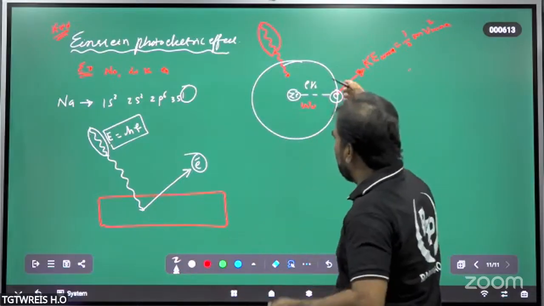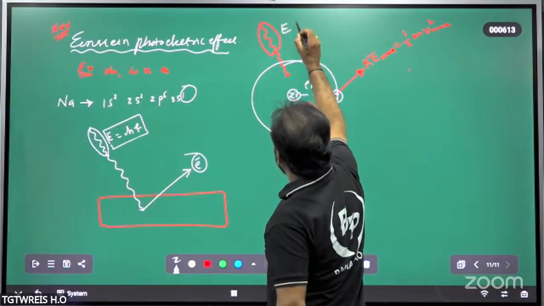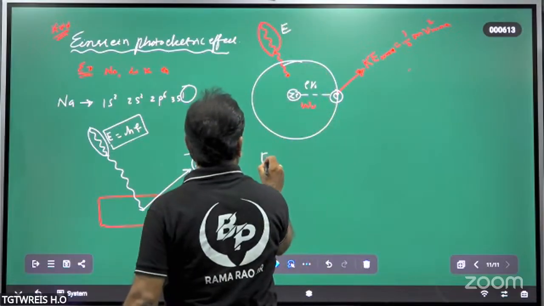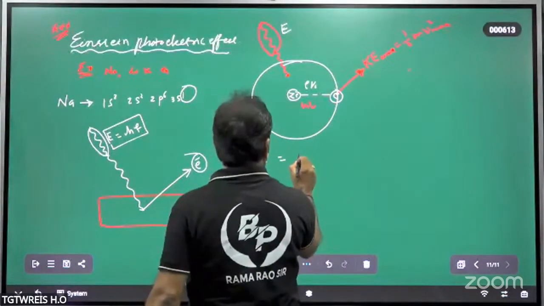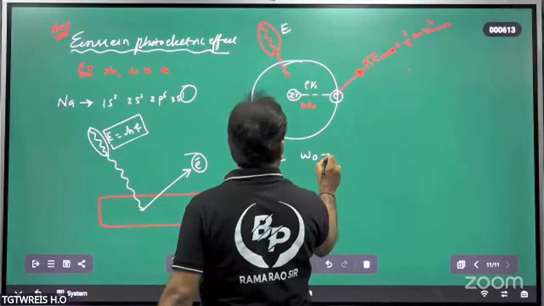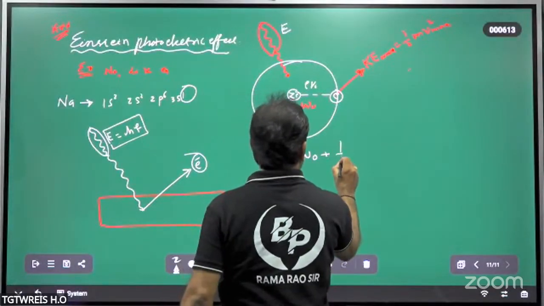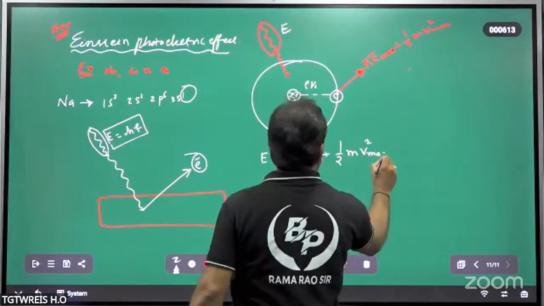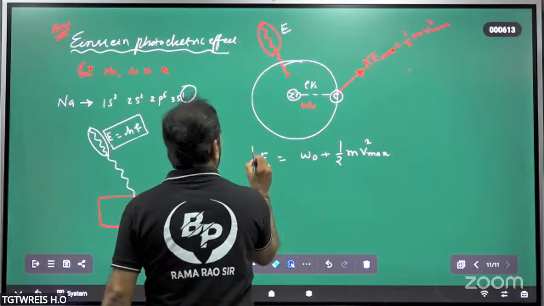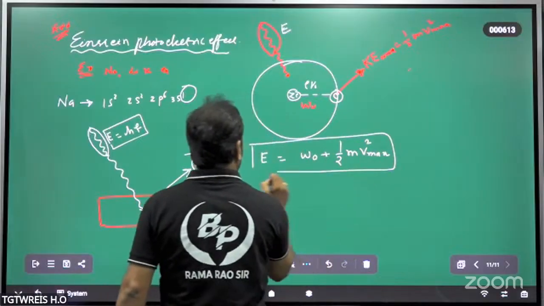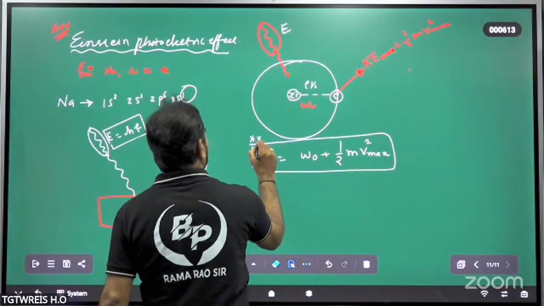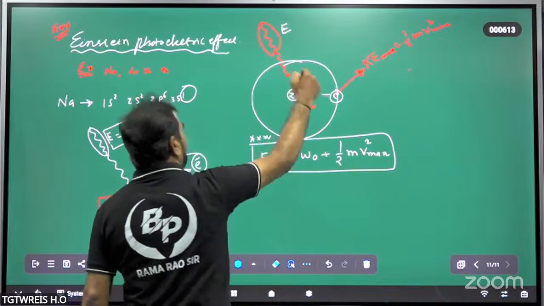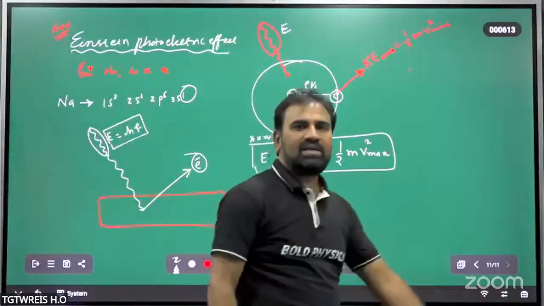Therefore, the total energy E equals work function W naught plus half m v square max. This is called Einstein's photoelectric equation. The energy of the photon can be utilized in two ways.